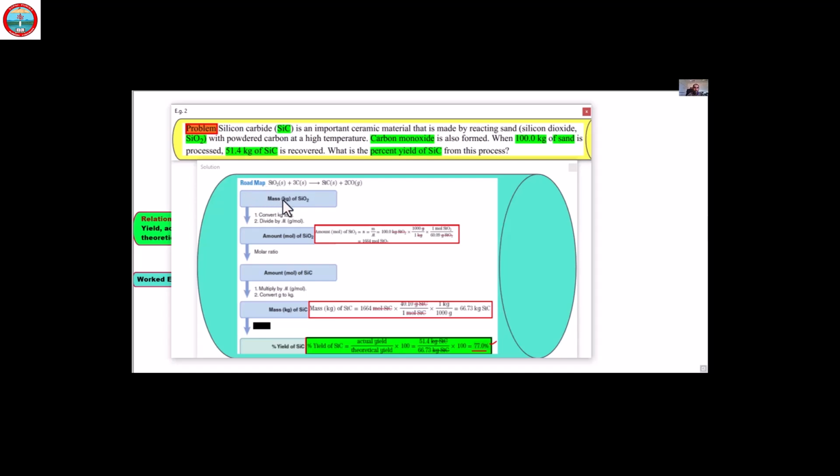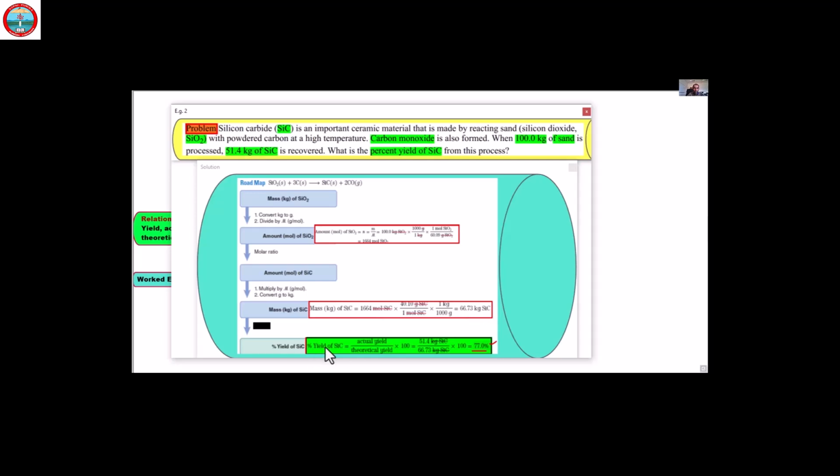First change the given mass of silicon oxide from kilograms to grams, and then divide the obtained grams by the molar mass of silicon oxide to obtain the moles, which is 1664 moles of silicon oxide. Then change this into moles of silicon carbide by using the mole factor, and then multiply by its molar mass to change the moles into grams, and finally change the grams of silicon carbide into kilograms, that is 66.73 kilograms.